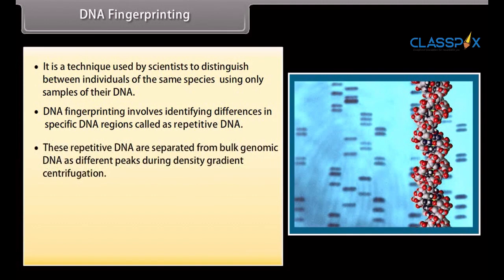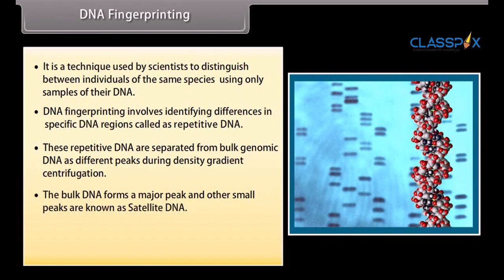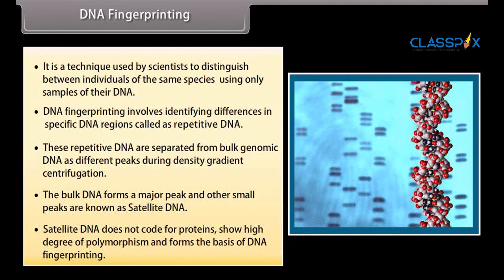These repetitive DNA are separated from bulk genomic DNA as different peaks during density gradient centrifugation. The bulk DNA forms a major peak and other small peaks are known as satellite DNA. Satellite DNA does not code for proteins, shows a high degree of polymorphism, and forms the basis of DNA fingerprinting.